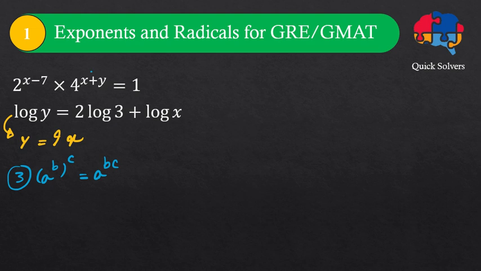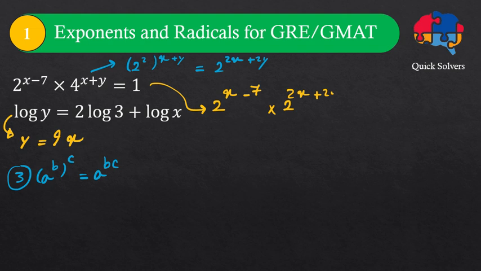That's because I can write this as 2 to the power of 2 to the power of x plus y, and this equals 2 to the power of 2 times x plus 2 times y. So let's rewrite this: 2 to the power of x minus 7 times, instead of 4 to the power of x plus y, I can write 2 to the power of 2 times x plus 2 times y, and this equals 1.